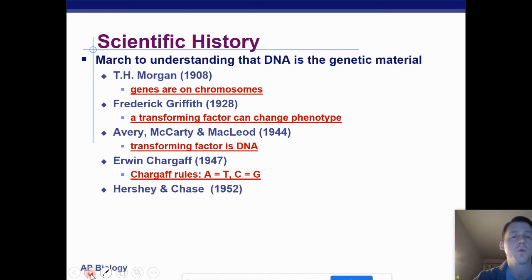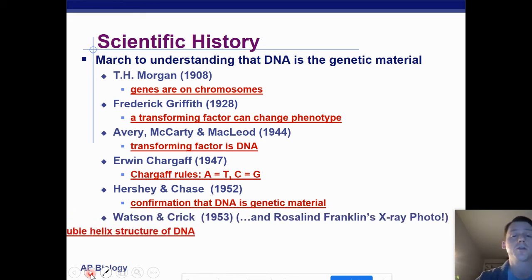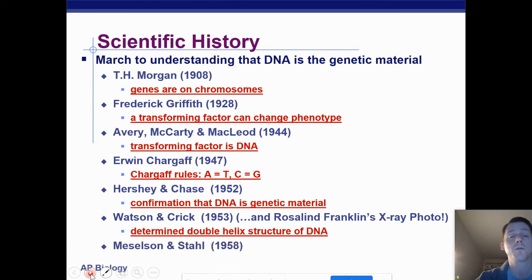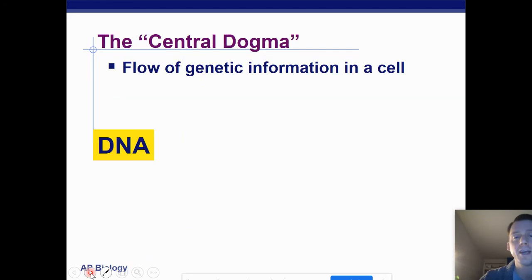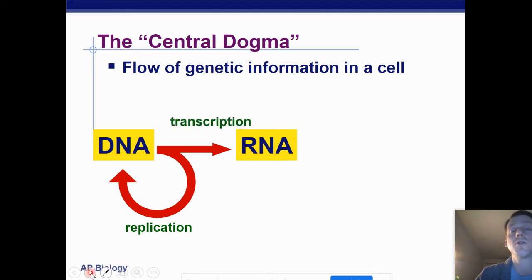Chargaff discovered the rules. Hershey and Chase confirmed that DNA is a genetic material. Watson and Crick, along with Franklin, found the double helix structure, and then Meselson and Stahl came up with semi-conservative replication.